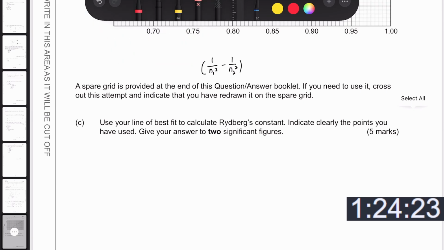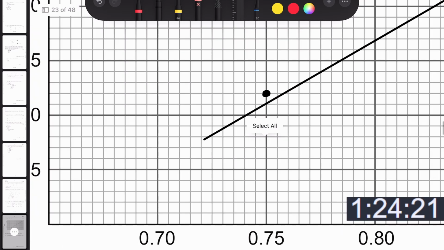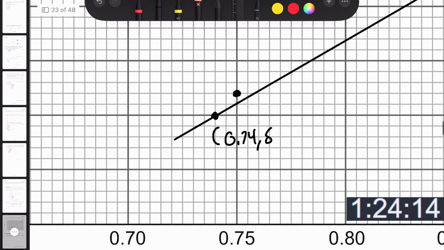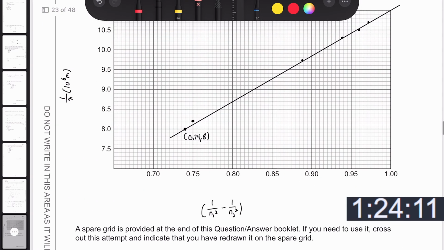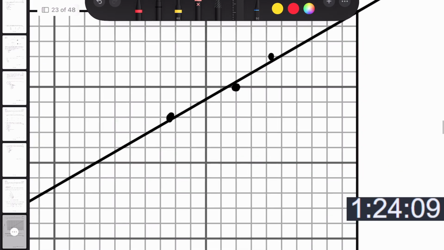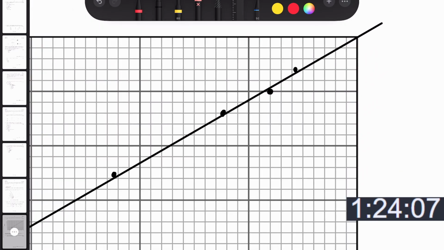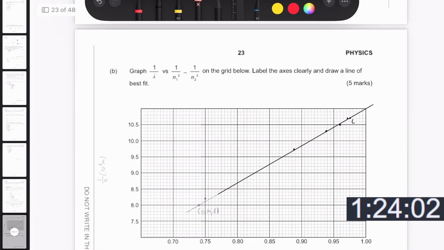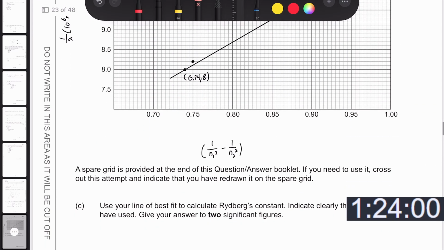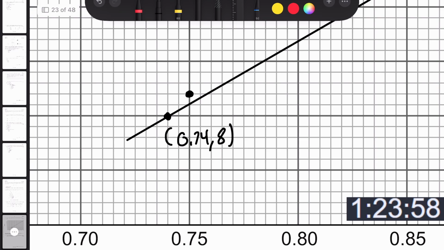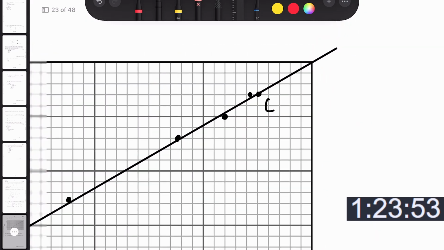Let's use this point, which is 0.74 and 8, and that's another nice point. Let's do open circles for these points.